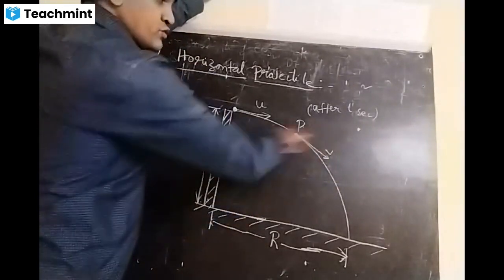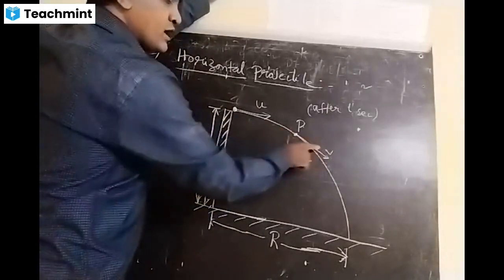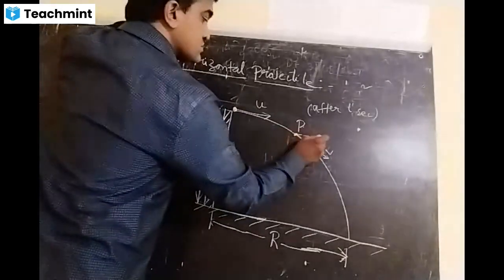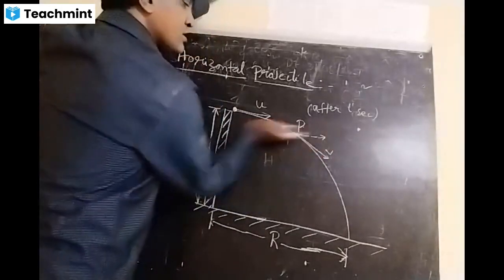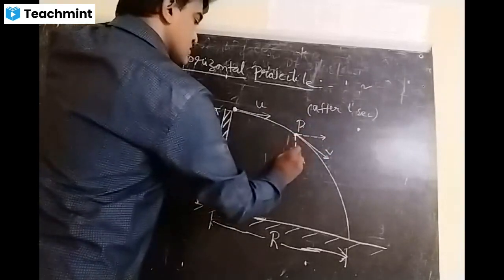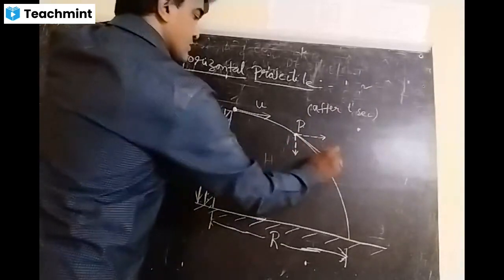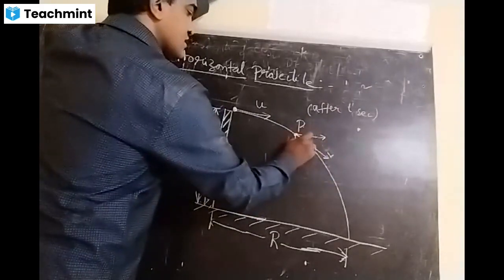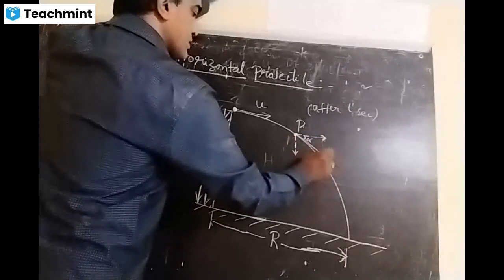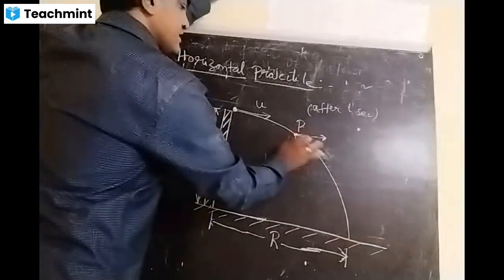Now you have to resolve this velocity v into components. One is along the x-axis and the other is along the y-axis. Let me take this angle as alpha, or let me take this angle as theta.